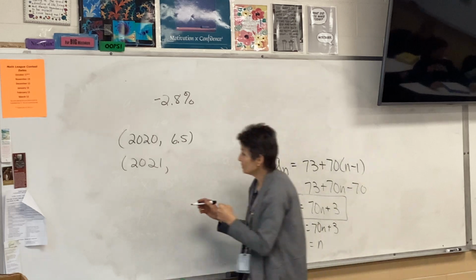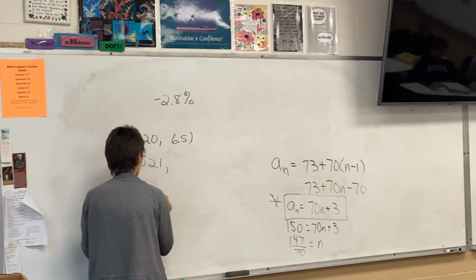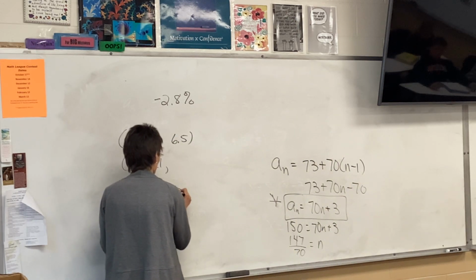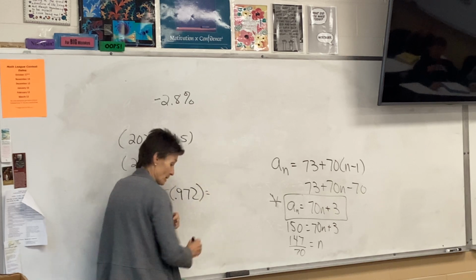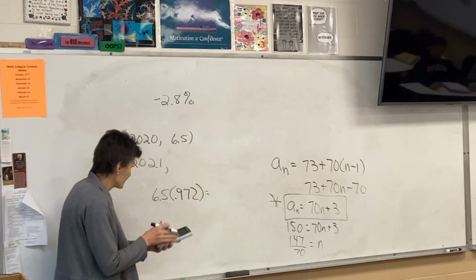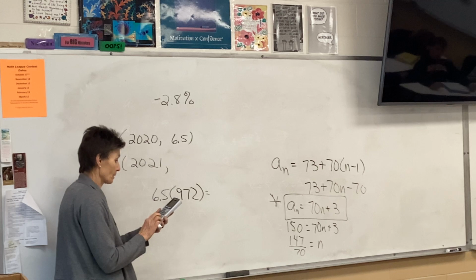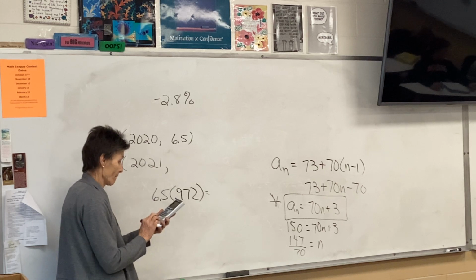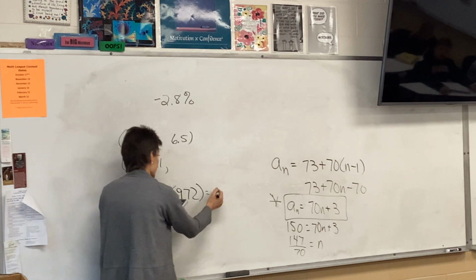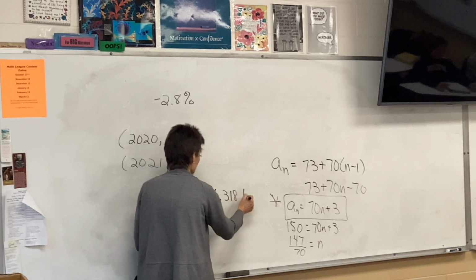So all I'm gonna do is take 6.5 times 0.972. Remember, that's billions. Did you get 6.318 billion?